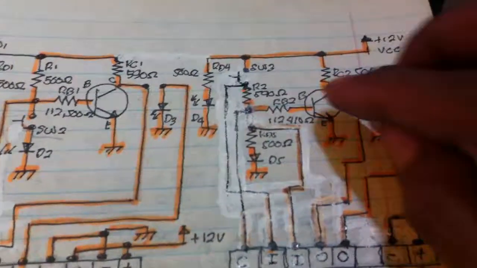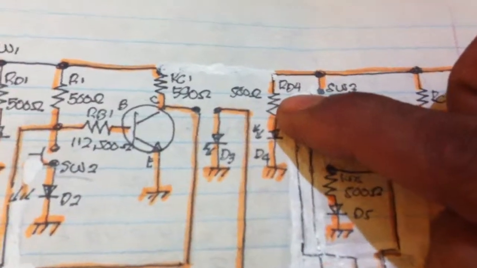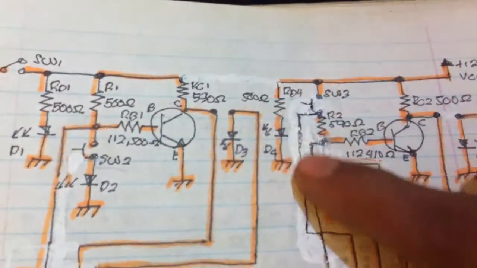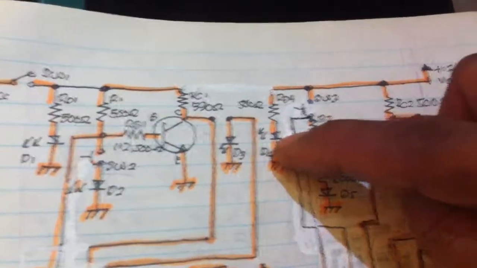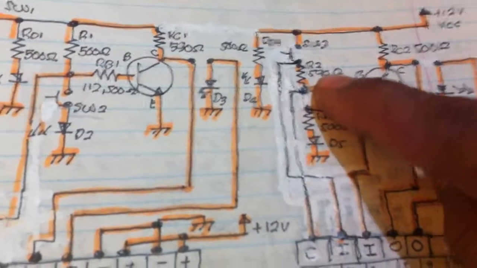For the inverter, we have RD4, 500 ohms. We have the LED, the power-on LED of the inverter. We get this switch, and this R2, 590 ohms, for the impedance matching.